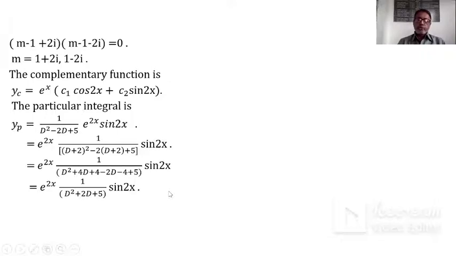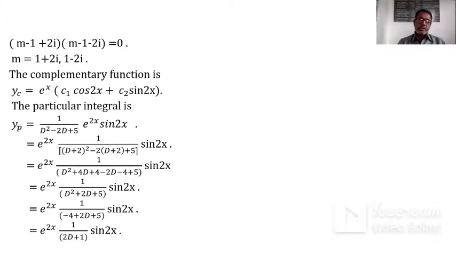Now here we substitute D square by minus a square, means D square by minus 4. Then we obtain this is equal to e to the power 2x, 1 upon minus 4 plus 2D plus 5 operate on sine 2x. This is equal to e to the power 2x, 1 upon 2D minus 4 plus 5 is plus 1, and operate this on sine 2x.